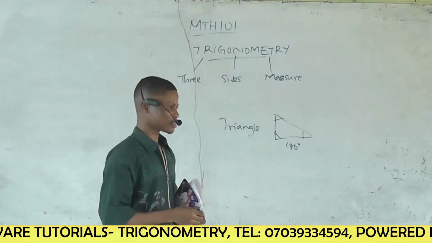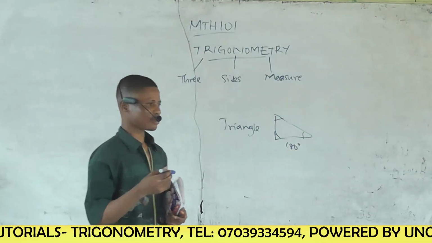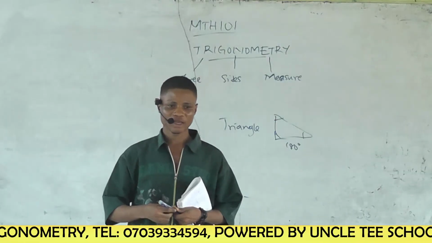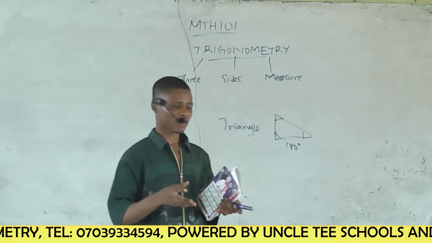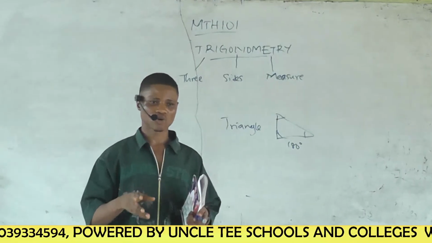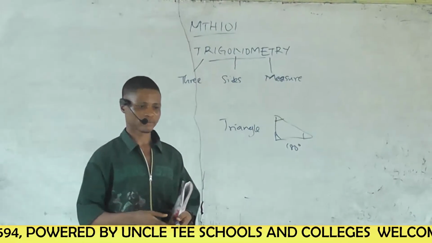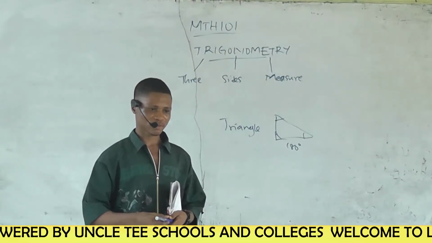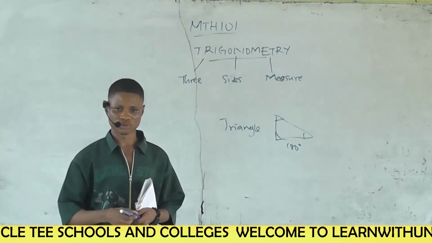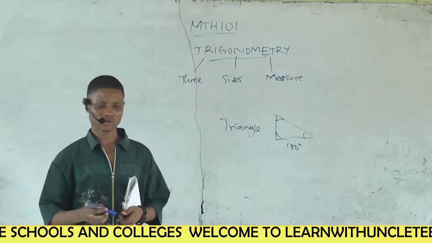Now, aside from that, we can derive an application from trigonometry, even from the fact that it's a triangle. We can consider it as the strongest shape in mathematics. It can stand alone on its own.